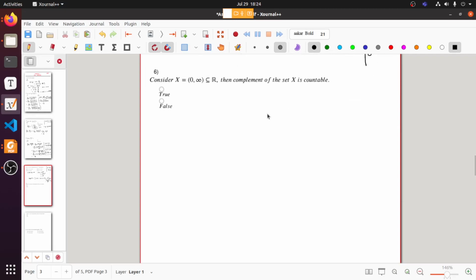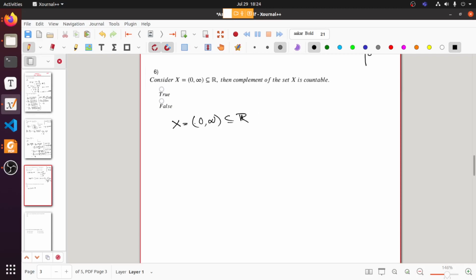Question number 6. It's saying, let x be the open interval 0 to infinity. This is a subset of R. Now you have to tell what the complement of x is, and whether it is countable or uncountable.